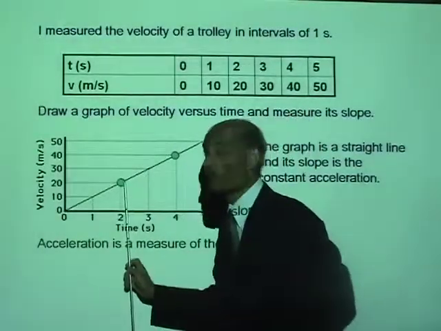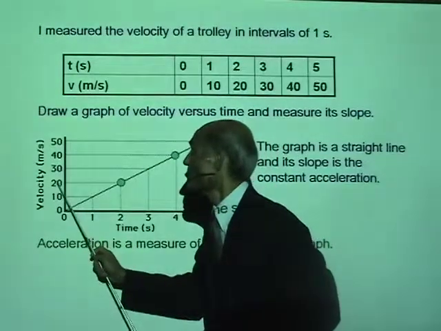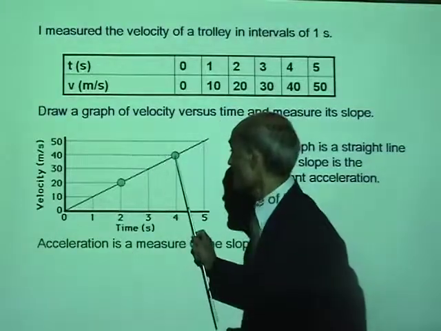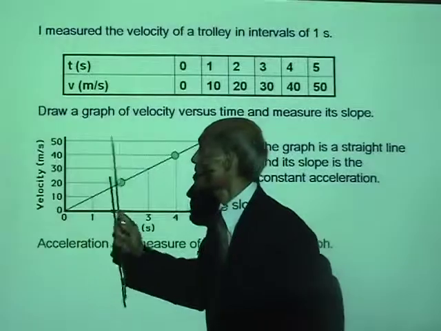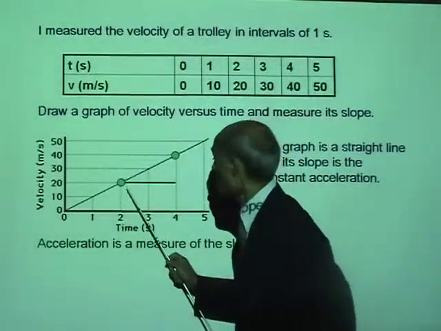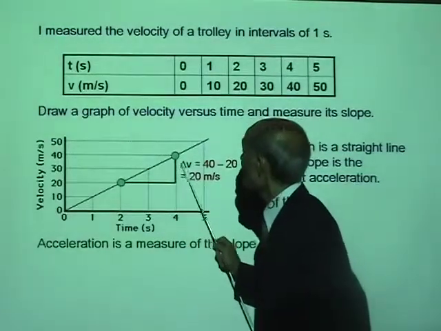In other words, for the first point, the time is 2 seconds, the velocity is 20 meters per second. For the second point, the time is 4 seconds, the velocity is 40 meters per second. Alright? What is the change in velocity here?